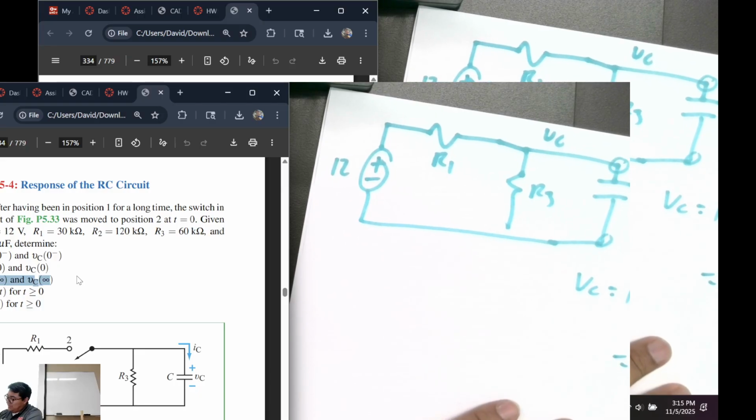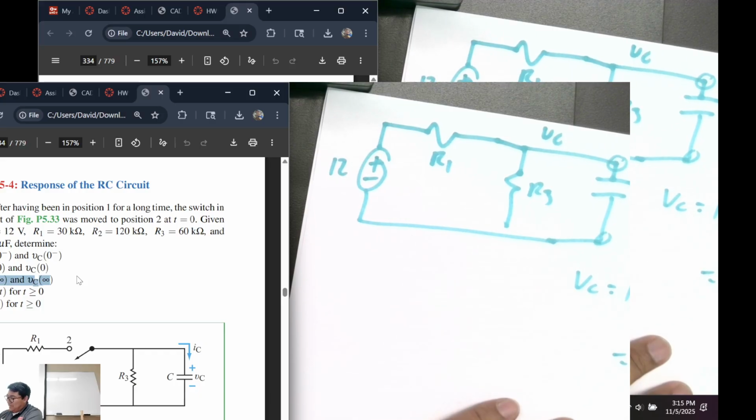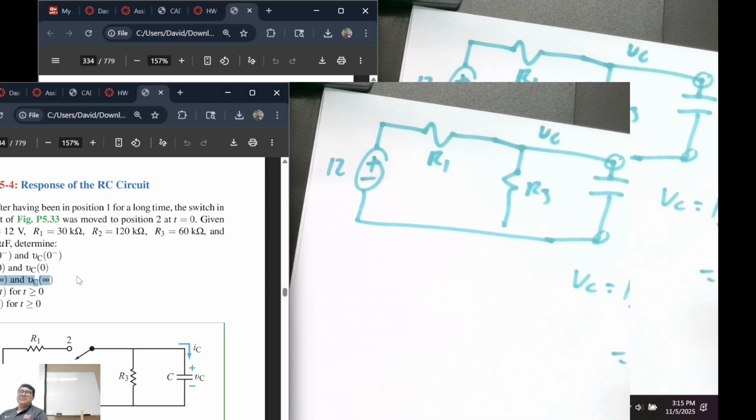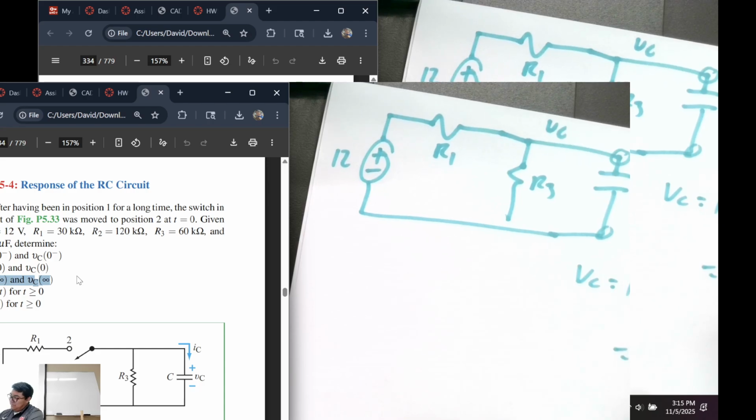So 12 times 60 all over 90K. The K's cancel out. Then that's going to be some number, right? What's this going to equal to? 8? 8 volts? Is that what we got?